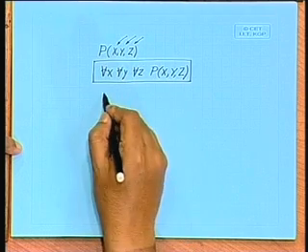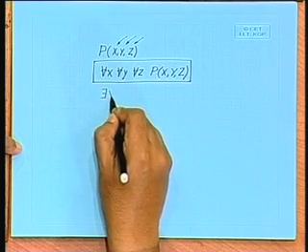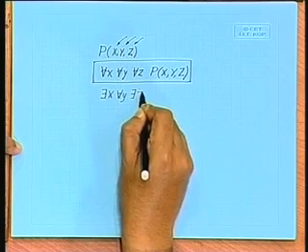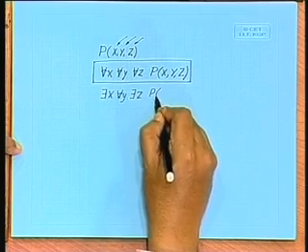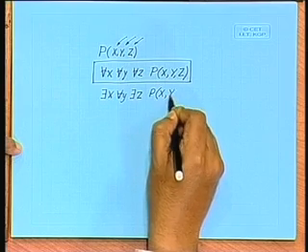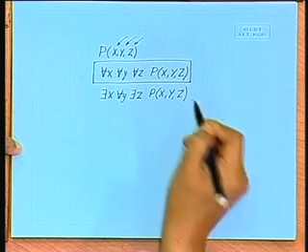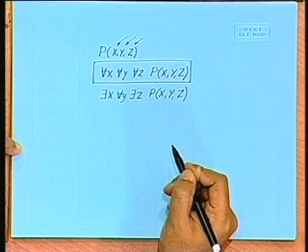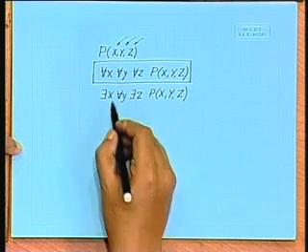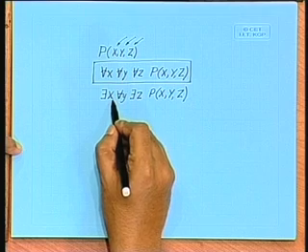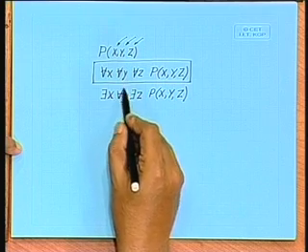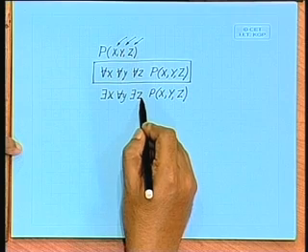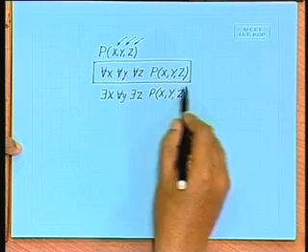Right. Similarly, you can have there exists x for all y there exists z, p x y z. That means that there exists some value of x such that no matter how you pick your y, there will always be some z which is able to satisfy p x y z.